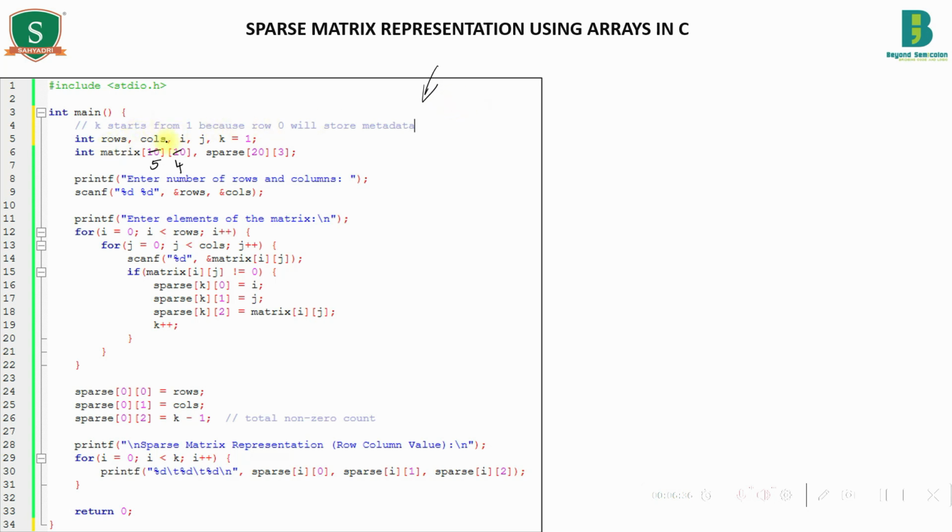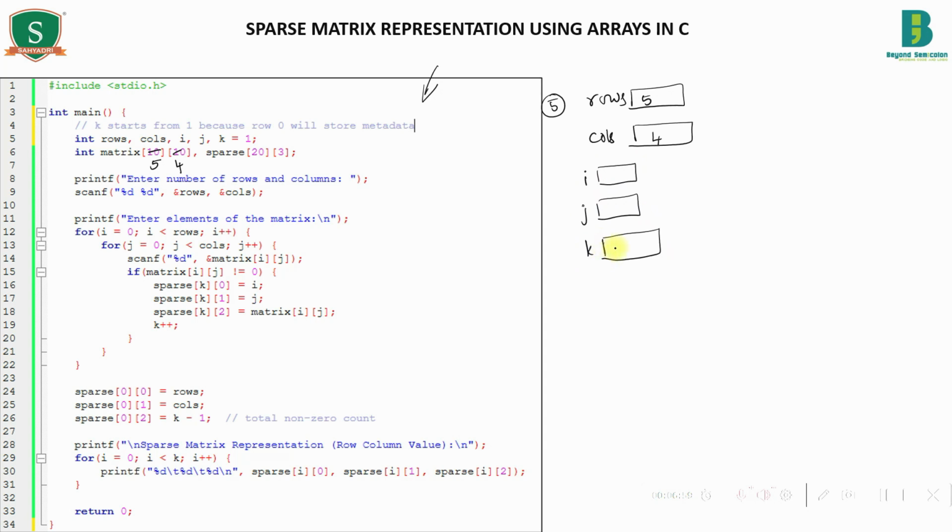In the 5th statement, a memory block is given for the rows and columns. If I give 5 as the rows, that means we are going to store 5 rows and 4 columns. And there are another 3 variables i, j and k.